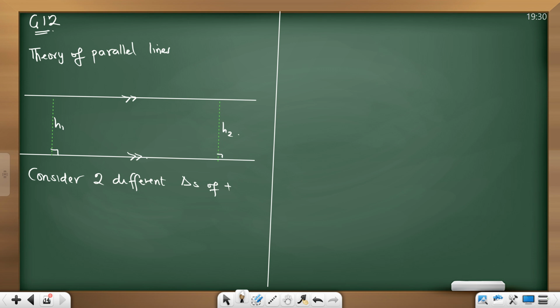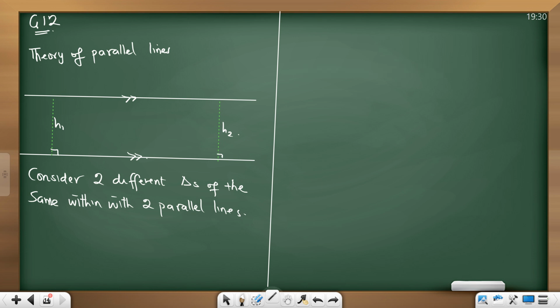Triangles of the same base within two parallel lines. Where are we going with this? Please, this is the build-up. This is very important. Consider two different what? Triangles.